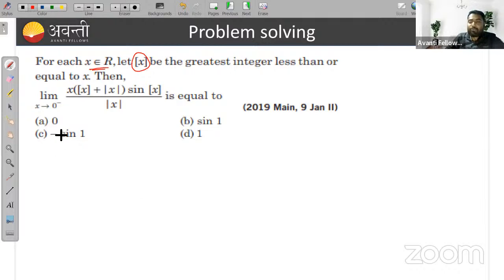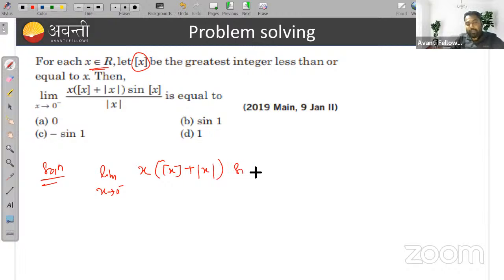So how can we do it? Let's discuss the solution of this question. In the question it is given: limit as x tends to 0 minus of x into (greatest integer of x plus mod of x) whole into sine of the greatest integer of x divided by mod of x, right? Here we have 0 minus.